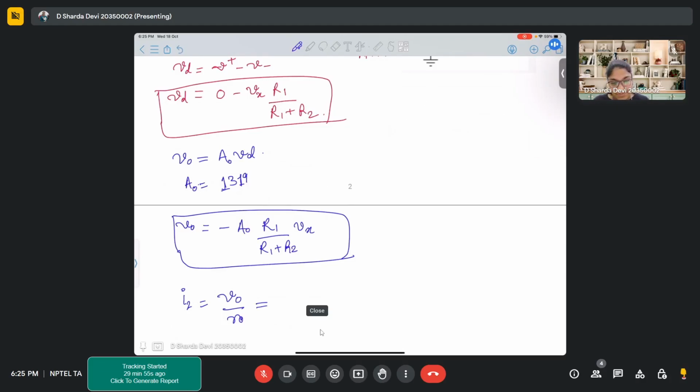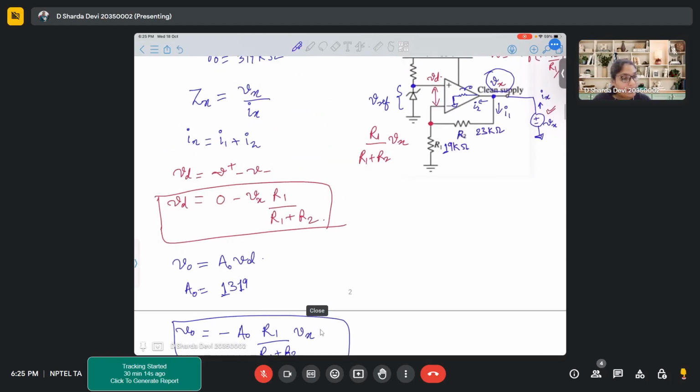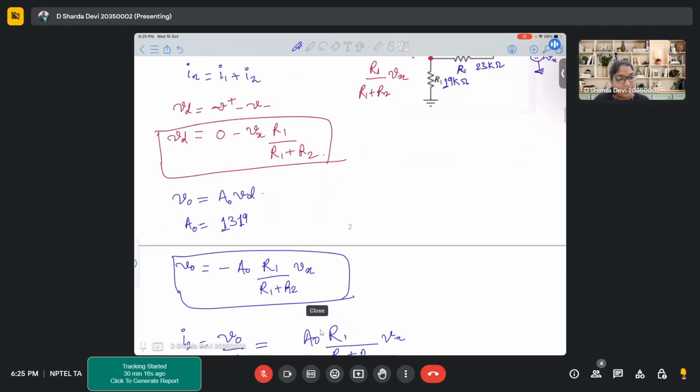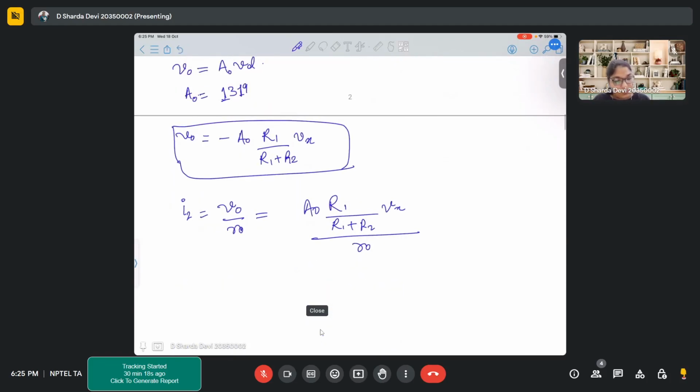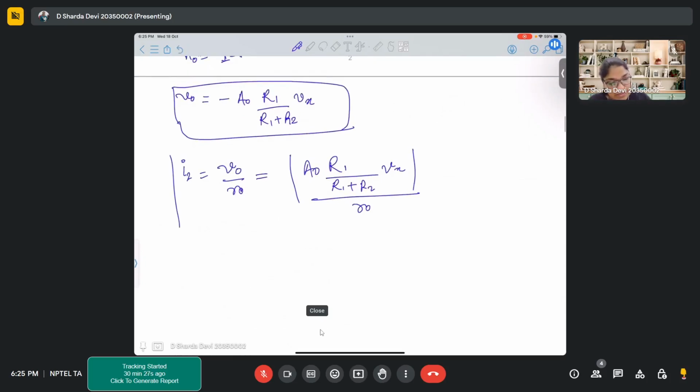So we can simply write it like A naught R1 upon R1 plus R2, Vx upon R naught. Now this is I2, like the magnitude of I2. This is one part.